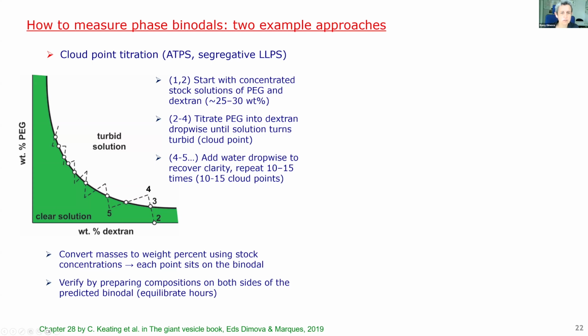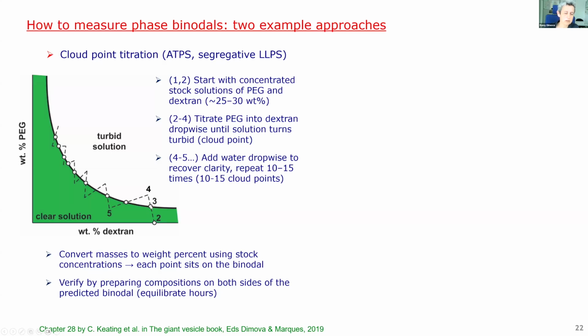What you do is you first prepare highly concentrated solutions of dextran and of PEG, maybe located here and here. And then you start in this point, drop-wise adding PEG, moving along this line. And here you start with the homogeneous solution, and the moment your solution becomes cloudy or turbid, this is the point where you are crossing the binodal.